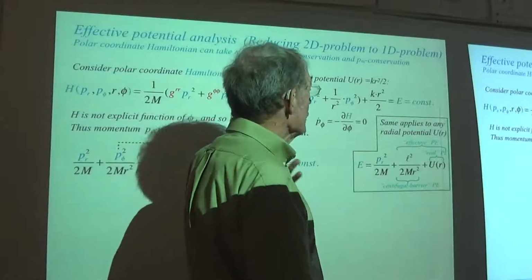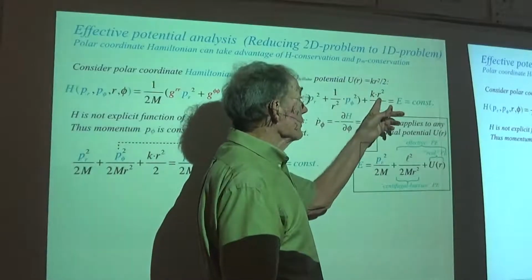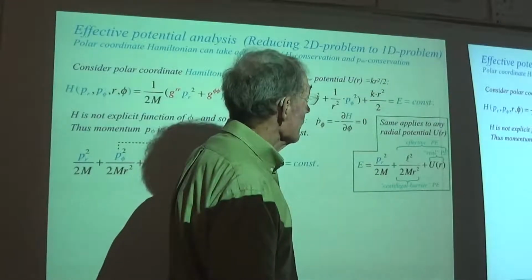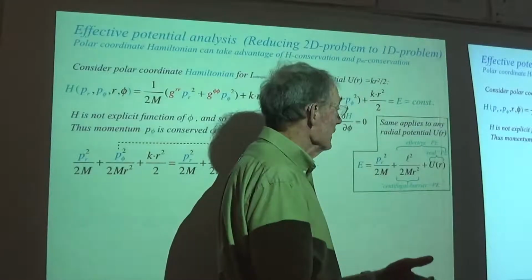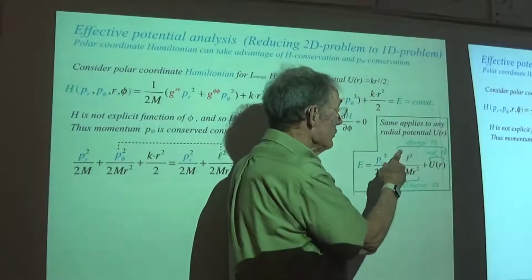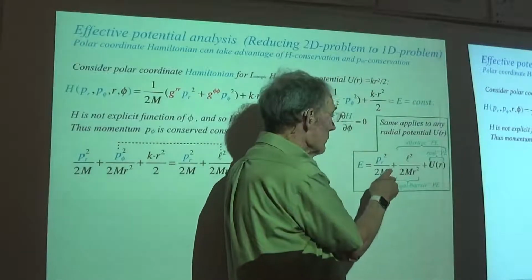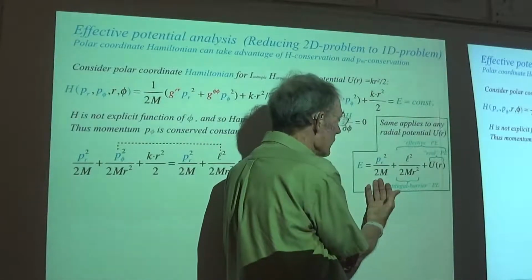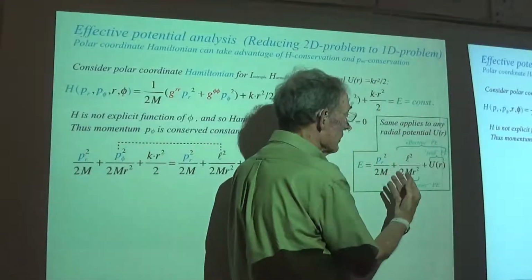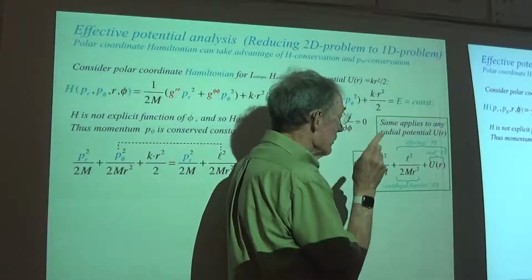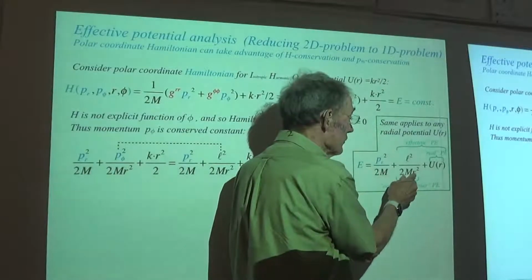This is what we look for in hopes of getting an analytic solution. And this is true not just for our harmonic oscillator. I mean, this is a nice example, which we'll compare to the Coulomb today by doing simulations. But basically what we've done here is we've got the kinetic energy, we've got the total energy, and then we've got this weird potential that's only a function now of one variable, and that's the radius.